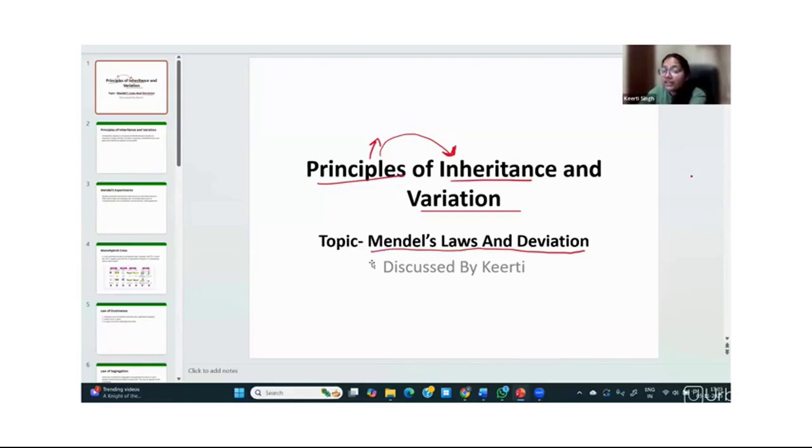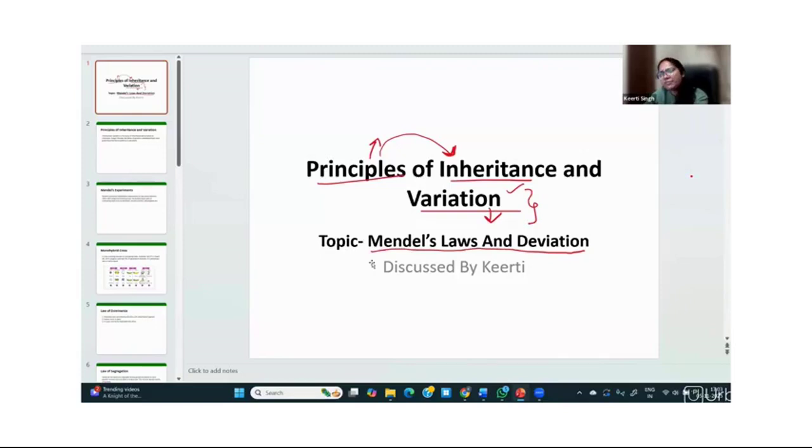But the newly born child is not exactly the same as their parents, right? There is some variation. Even siblings are different from each other. If a couple has three children, all three will be different from each other.